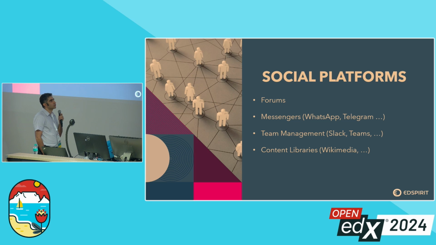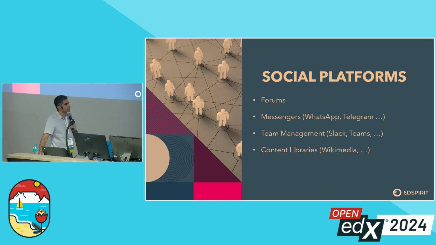Forums have also gone through some new generations. For example, we have seen something like Stack Exchange that at least shows some sort of interaction. People will select what solution works for them, or upvote or downvote the solutions. We do not have that in Open edX.